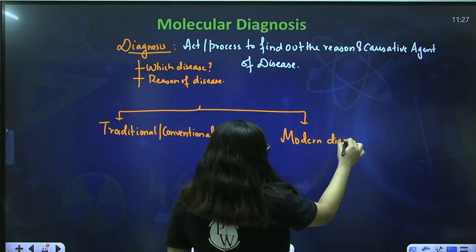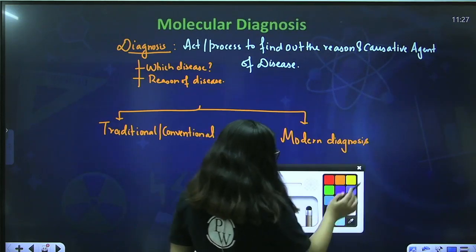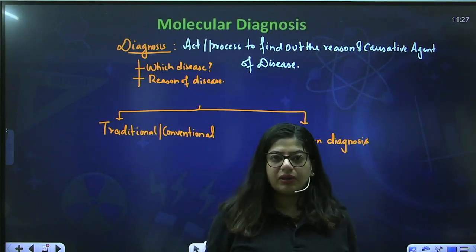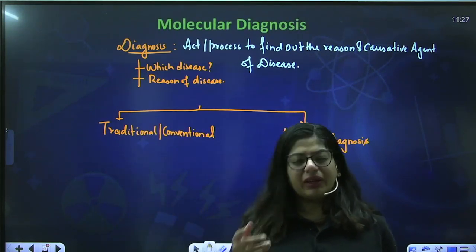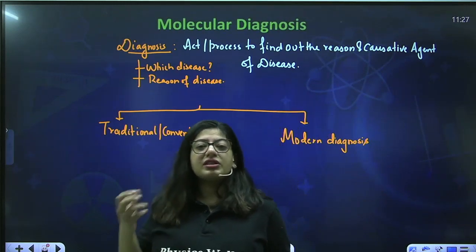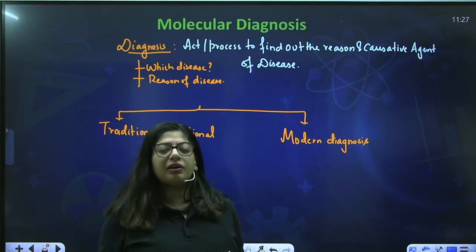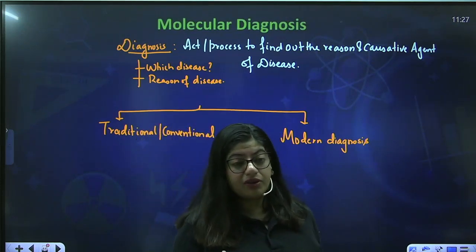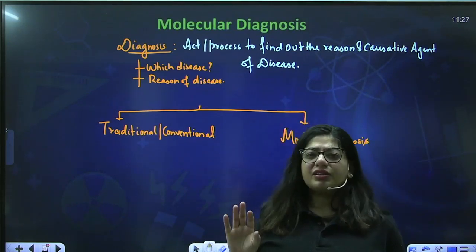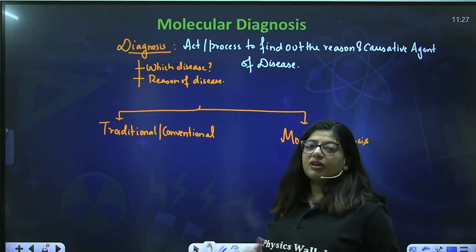Since childhood, you must have heard that if there is any elder person in your house, your grandmother, grandfather, or even your parents, suffering from a disease or just for a regular checkup, they go to clinical laboratories for a blood test. Since childhood we have been hearing, do the blood test, you will get to know the disease. So that's the traditional or conventional method.